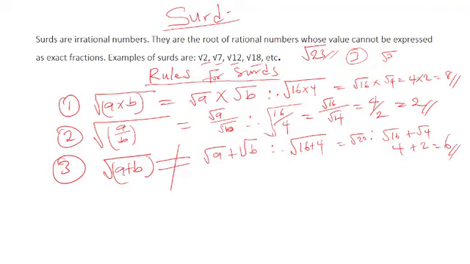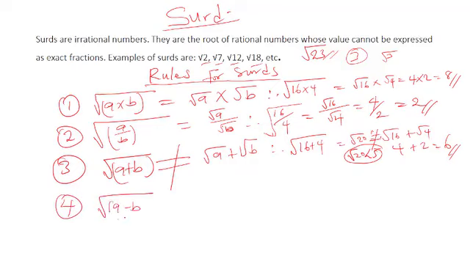But if you do the square root of 20, you'll have about, since the square root of 16 is 4, the square root of 20 is less than 5. So it's not the same. And the same rule applies to subtraction.